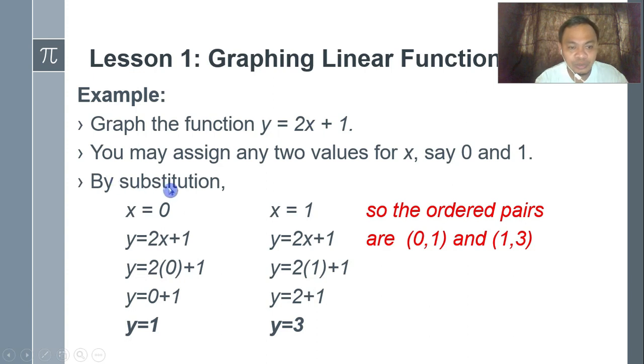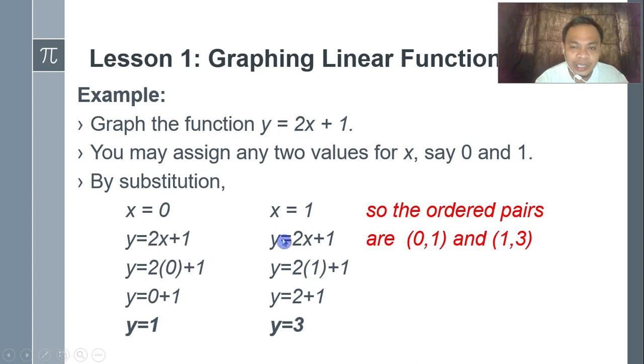So, by substitution, we have here, when x is equal to 0, y is equal to 2x plus 1. Substitute natin yung value ni x na 0 sa ating x. So, nagiging y is equal to 2 times 0 plus 1. 2 times 0, that is 0. So, y is equal to 0 plus 1. 0 plus 1 is simply as 1. So, therefore, when x is equal to 0, y is equal to 1.